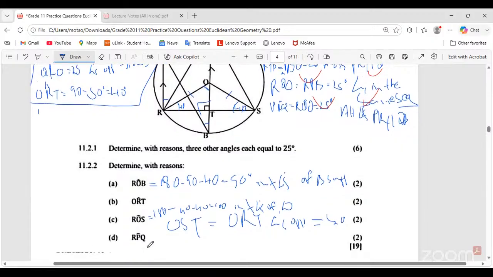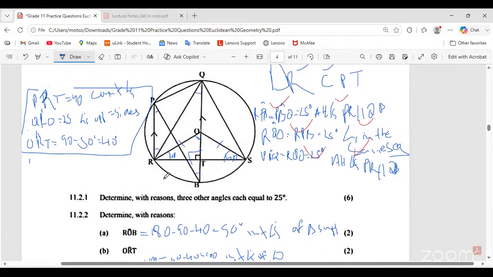Then the last one, we are required to determine with reasons the size of RPQ. RPQ, which is this one. Okay, with this one, how can we go for it?